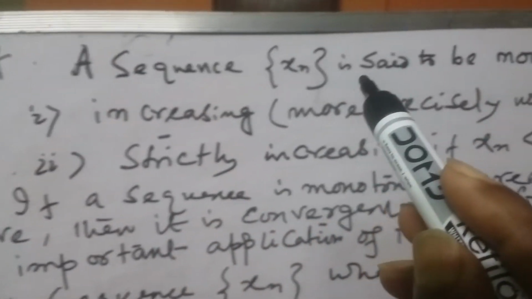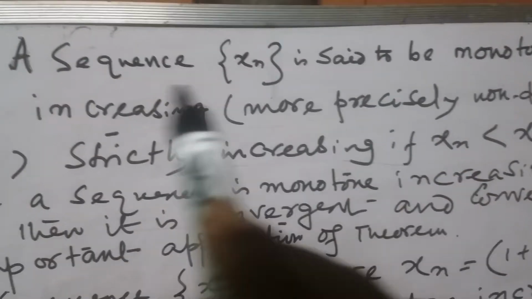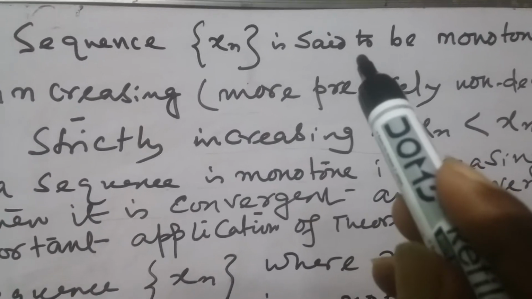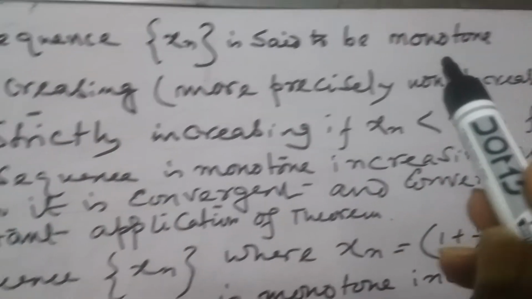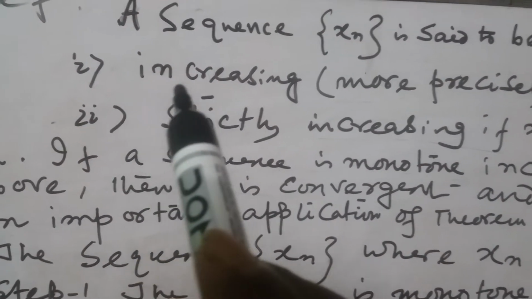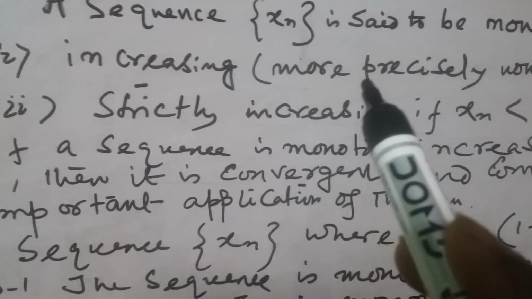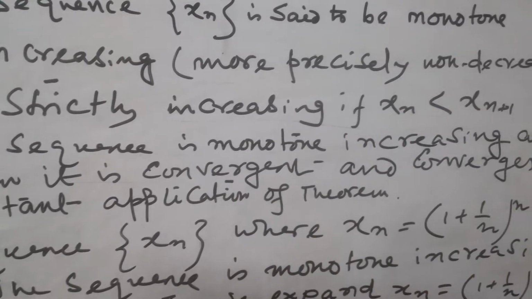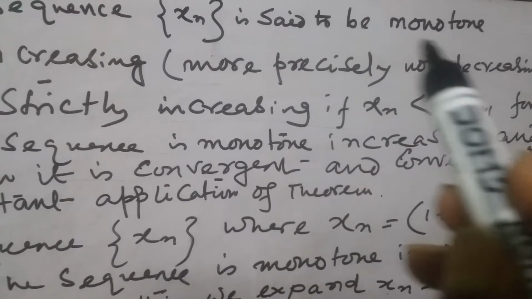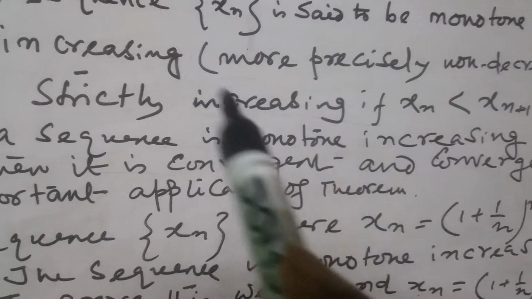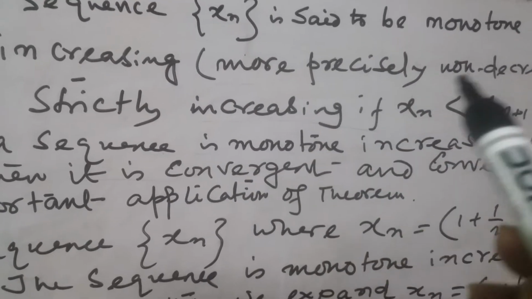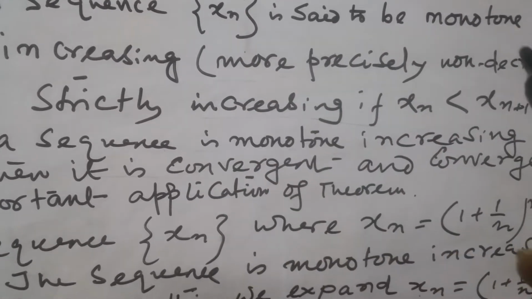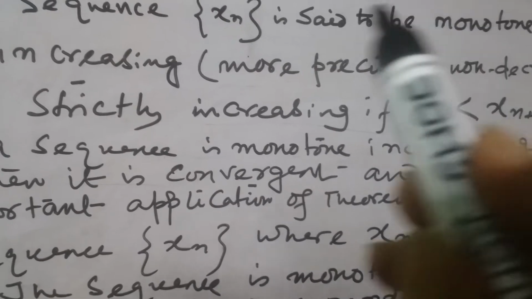A sequence xn is said to be monotone. Number one, increasing, more precisely non-decreasing. If you say non-decreasing, its meaning will be very clear.